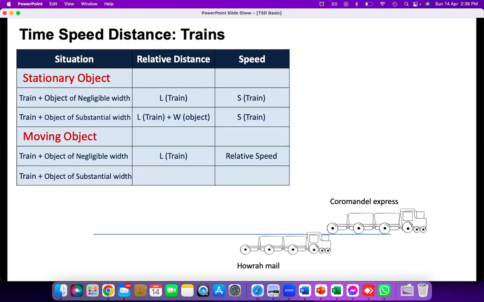Relative distance will remain the same, right? But the relative speed will be added, adding the two speeds. Correct. Cool. So you understood these cases of relative speed, or is there any confusion in any case? Tell me, Rahul. No, sir, clear.